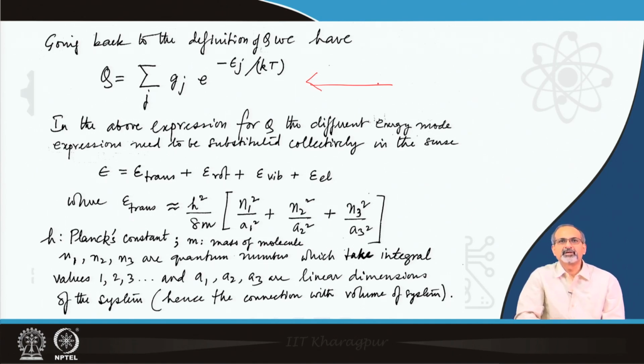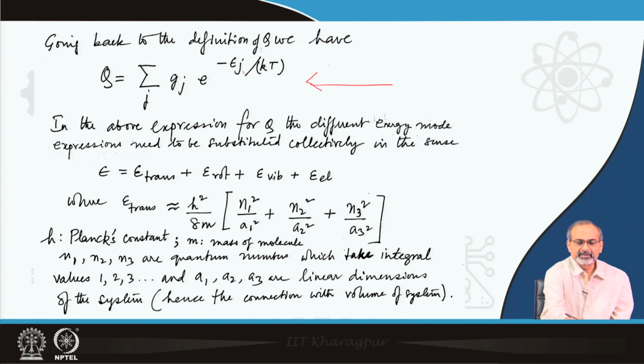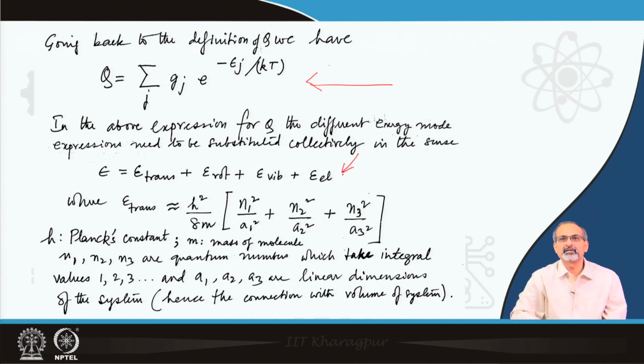Now, in the above expression for Q, the different energy mode expressions need to be substituted collectively, in the sense that ε_j would have contributions from the different energy modes like translation, rotation, vibration, electronic, and so on.